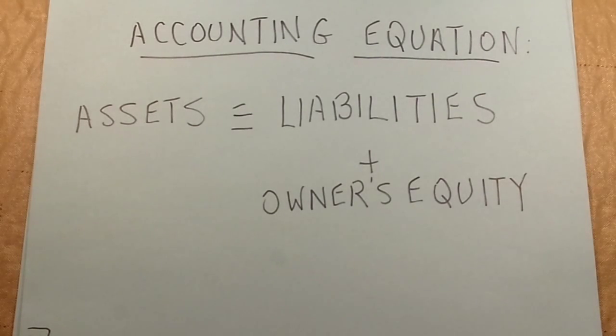So the point I'm making here is that we have assets on the left, and then we have assets again on the right, except on the right, we're regrouping the assets by, does the creditor or the owner have first right to the assets? So if the creditor has first rights to the assets, we're calling them liabilities. And if the owner has first rights to the assets, these are owner's equity.